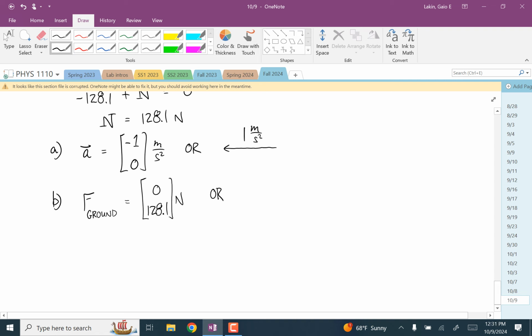Or another way to write that is it's in the positive y direction with a magnitude of 128.1. Any questions about either of those?